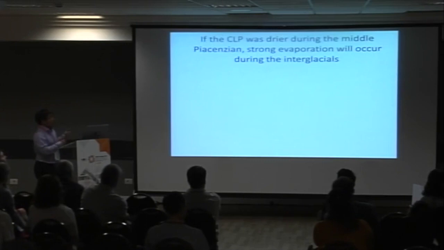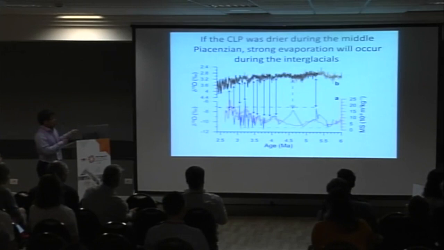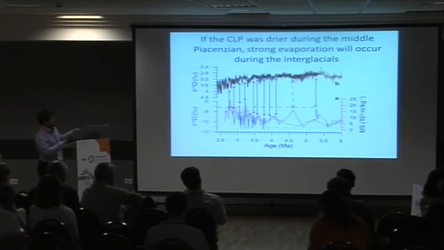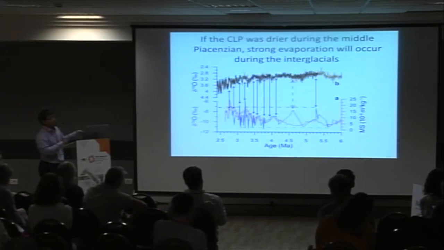The second question we can ask is, if the loess plateau was drier during the mid-Pliocene, will strong evaporation occur during the interglacials instead of glacials? This pink curve is the magnetic susceptibility, and the blue curve is the δ18O of nodules. As you can see, most of the more enriched δ18O aligns with high susceptibility, which indicates wetter condition.